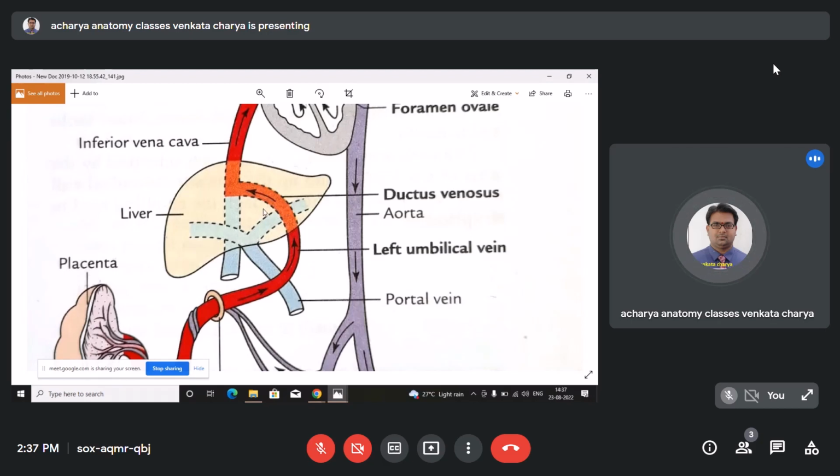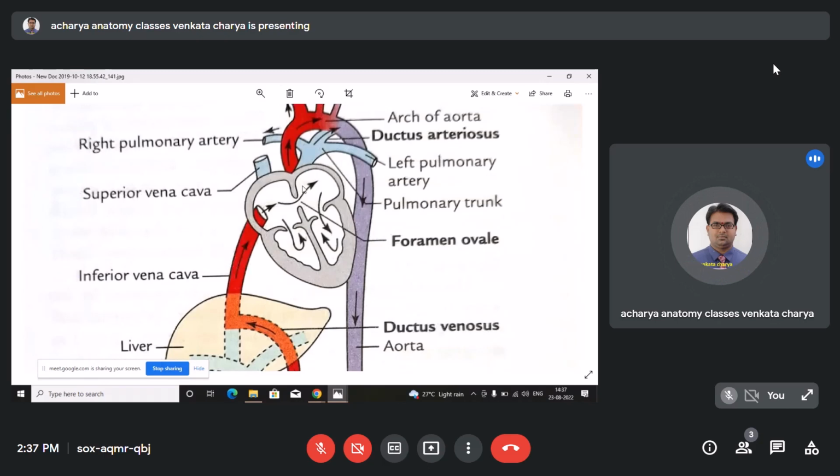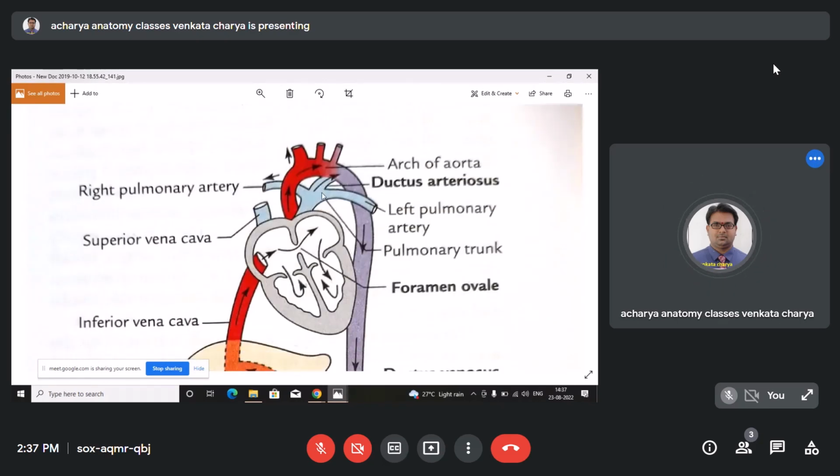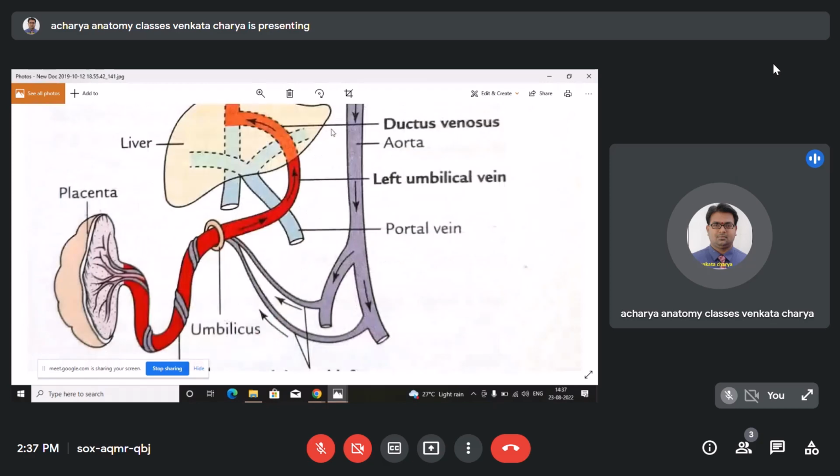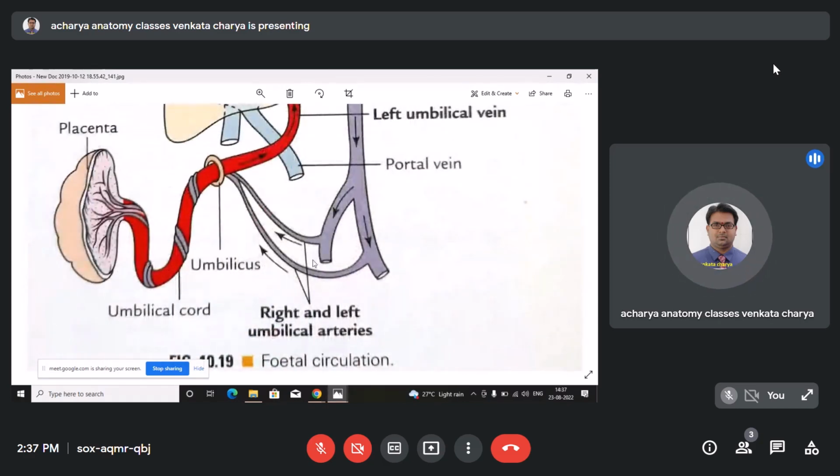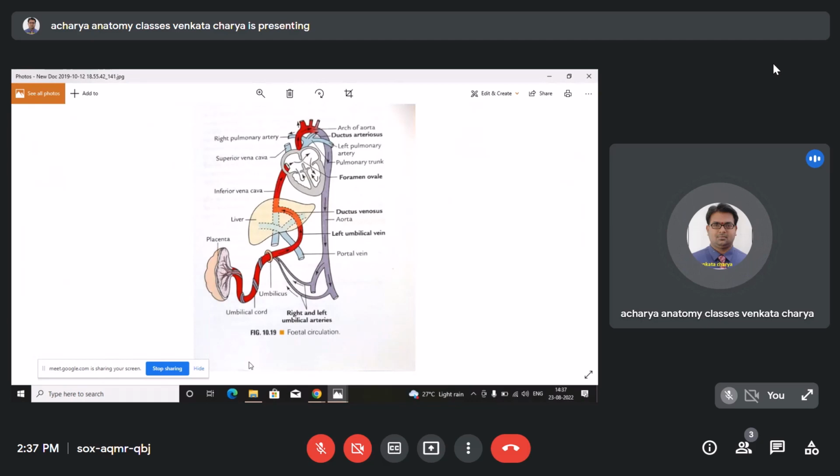To recap: ductus venosus becomes ligamentum venosum, foramen ovale becomes fossa ovalis, ductus arteriosus becomes ligamentum arteriosum, and umbilical arteries become median umbilical ligaments. Are you getting? These are the changes after birth.